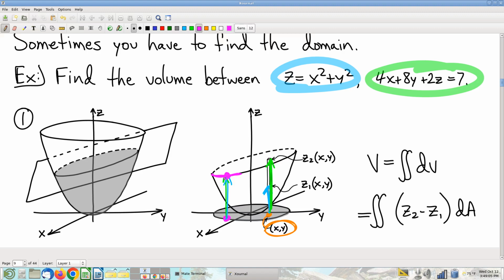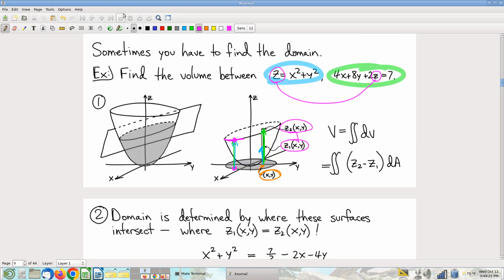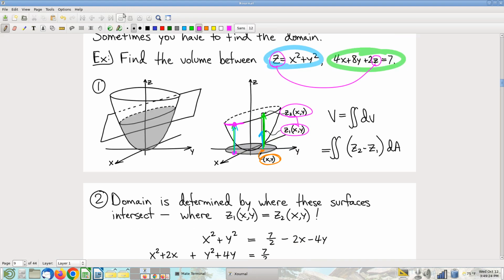So I don't want the equations to be equal. I want these two different z's to be equal. I want that to equal that. It's not exactly the same as setting the equations equal, but it has a similar sort of feel to it.